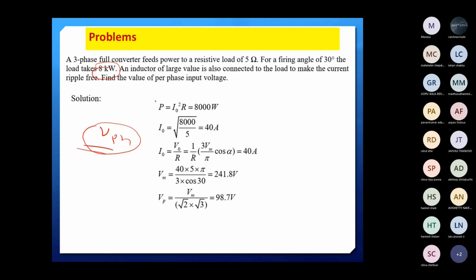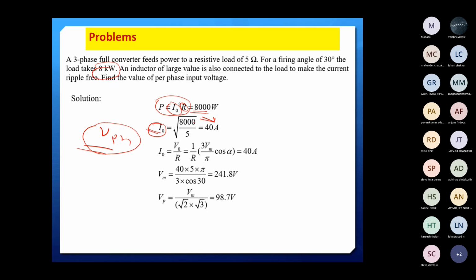Power formula P is equal to I square R, and I don't know what the load current is, but the load resistor is given, and the power is 8 kilowatts. So then current is equal to root of 8 kilowatts by 5. So that will give us 40 amperes. So now this is the current.